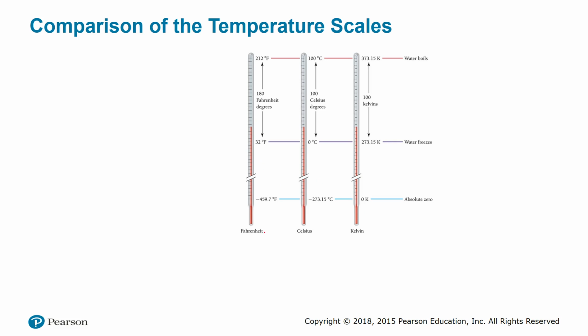And then we come all the way down here. If we were using the Fahrenheit scale, it's negative 459.7 Fahrenheit, which is negative 273.15 Celsius. And then we get absolute 0 Kelvin, that same temperature.